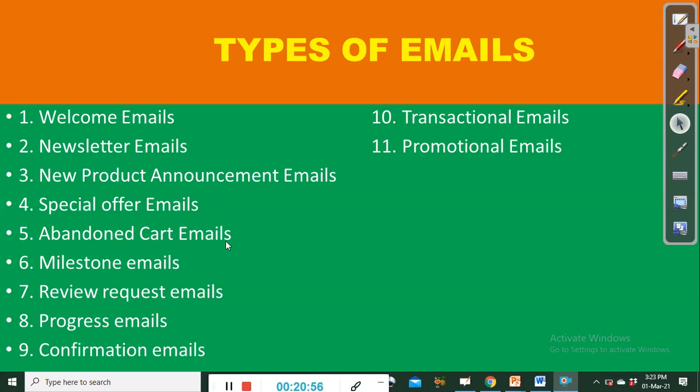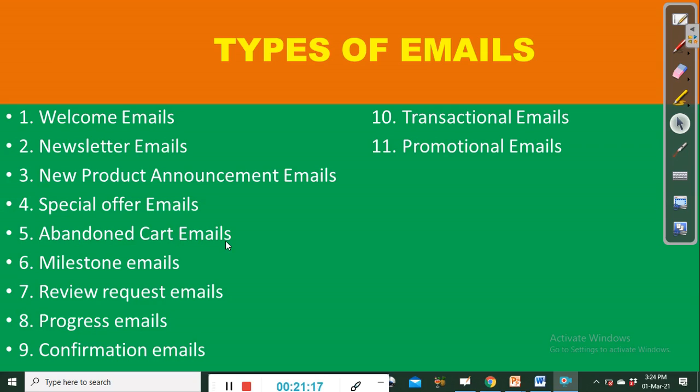Then number 6 is the milestone emails. A milestone email is a type of email you can send to an existing customer, and the aim is to remind your customer of the value they are getting from you.